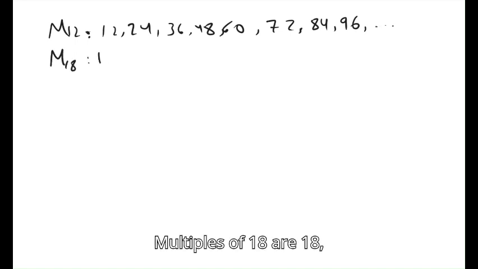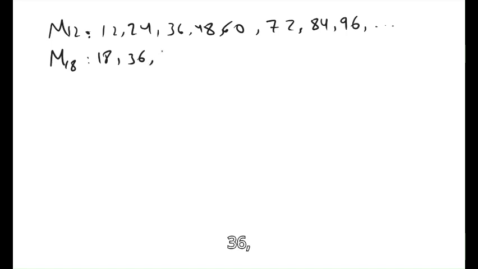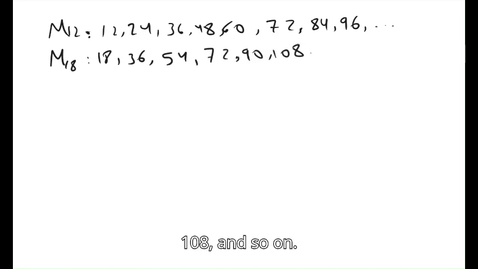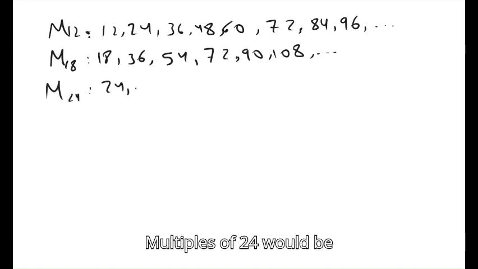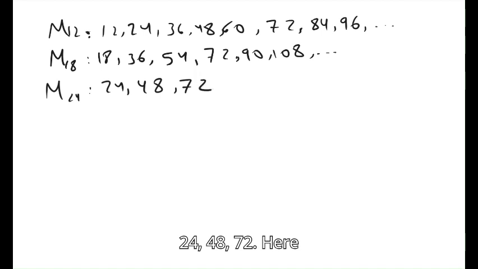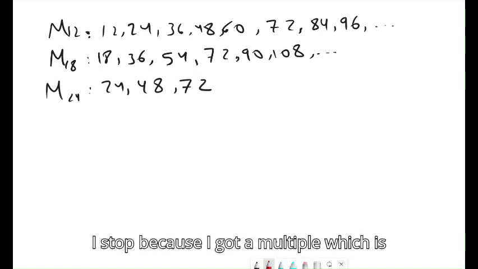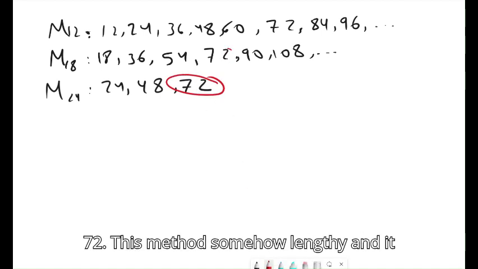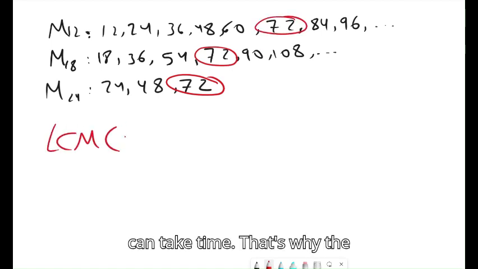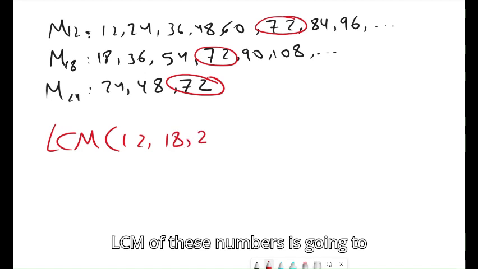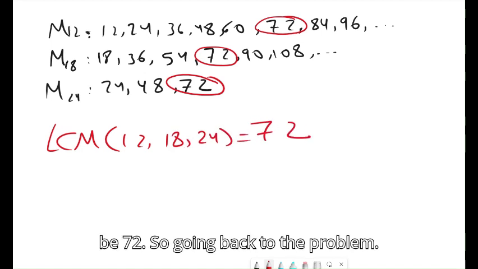Multiples of 18 are 18, 36, 54, 72, 90, 108, and so on. Multiples of 24 would be 24, 48, 72. Here I stop because I got a common multiple which is 72. This method is somewhat lengthy and it can take time. That's why the LCM of these numbers is going to be 72.